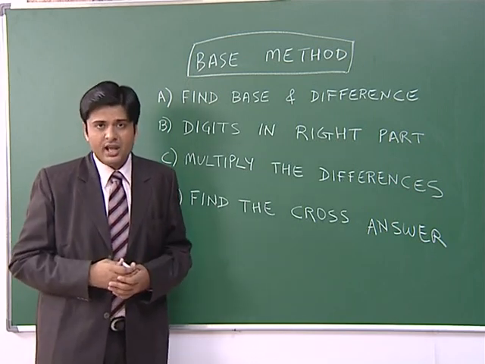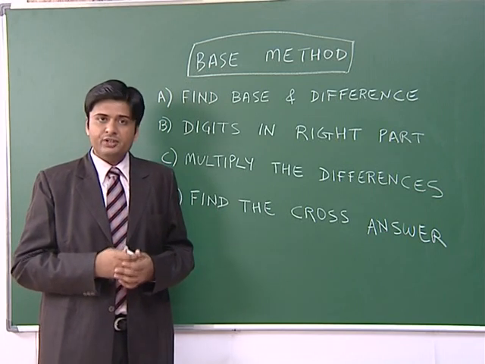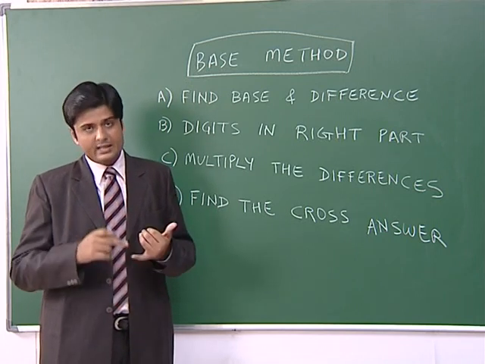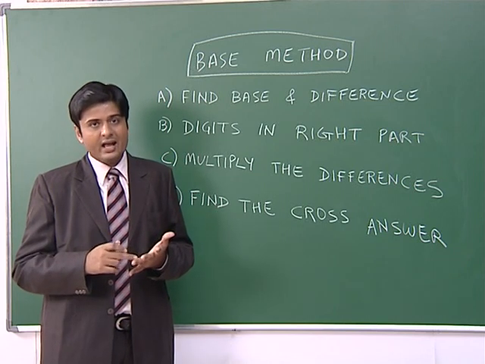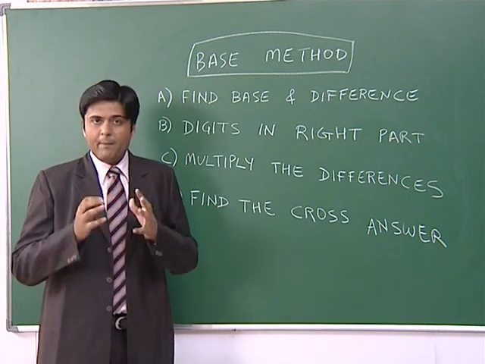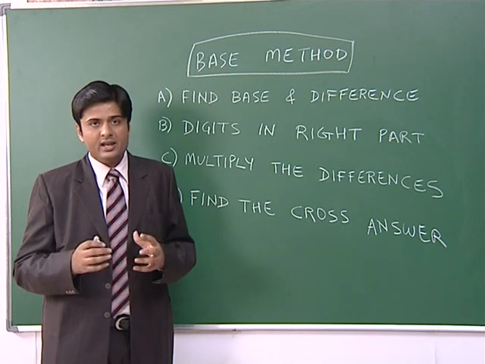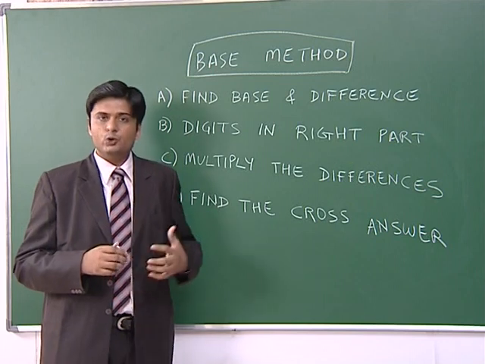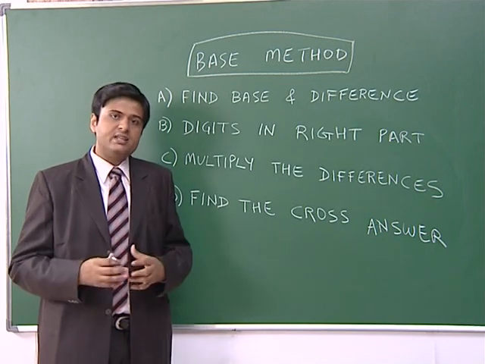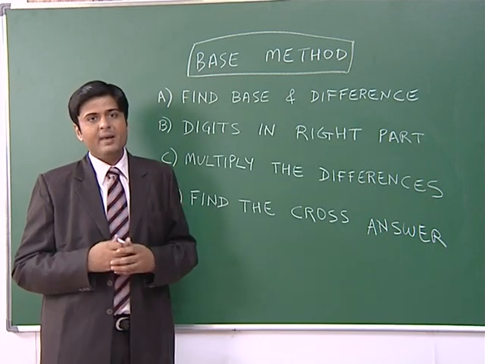What are the powers of 10? We all know the powers of 10 includes numbers like 10, 100, 1000, 10,000, 1 lakh, 10 lakh and so on. Basically, powers of 10 are numbers that begin with 1 and have zeros behind them.